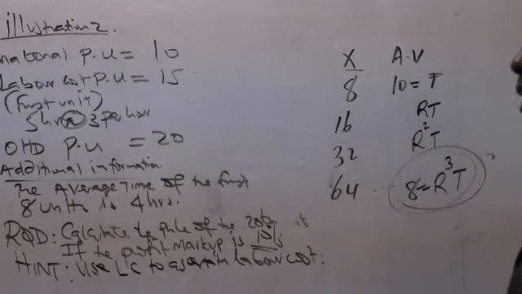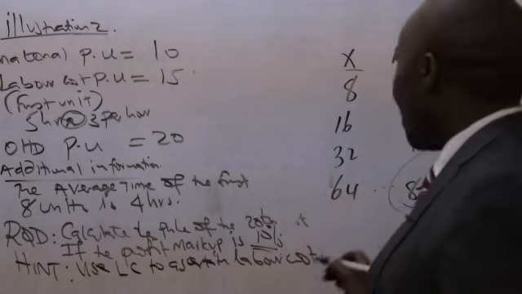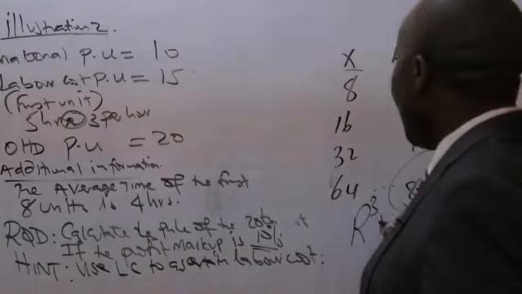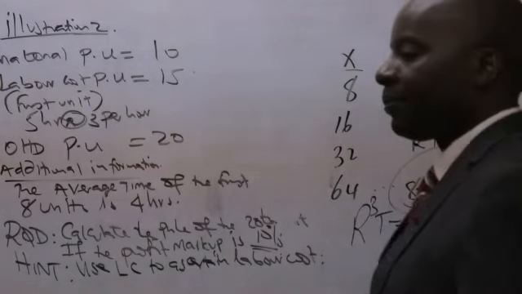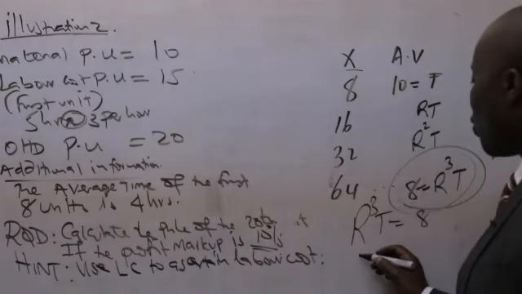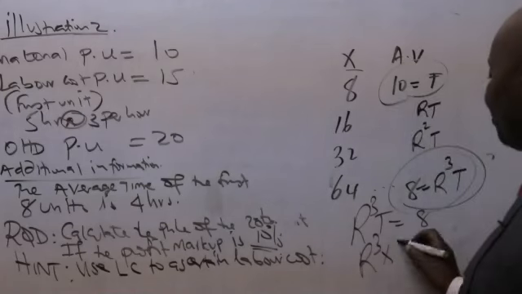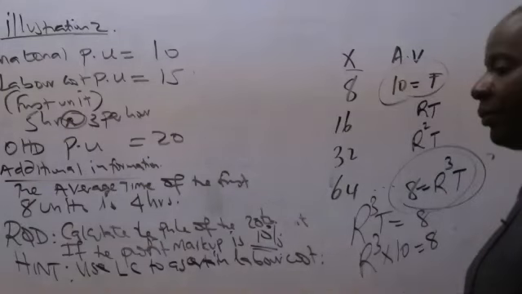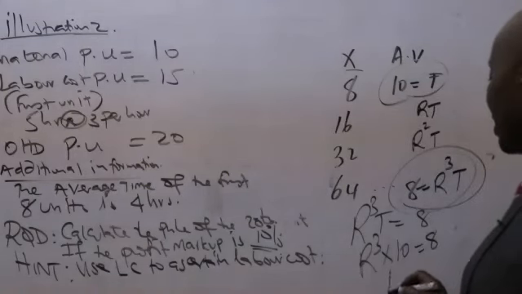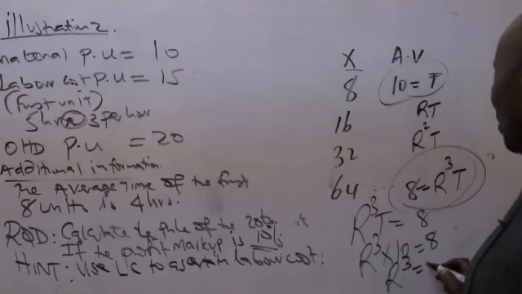So it is r cubed t equals 8. Unfortunately, we know what our t is. Our t is 10. Meaning that our r cubed equals 8 over 10, which will be 0.8.